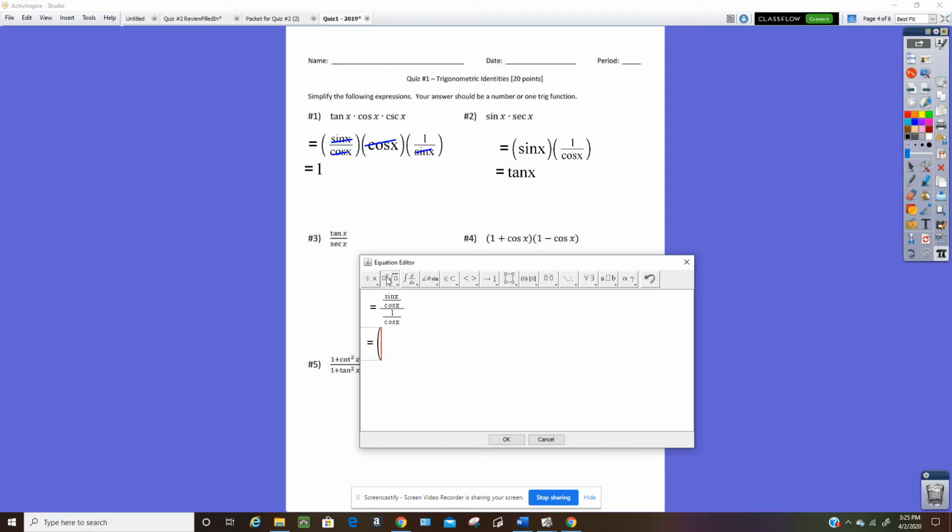So the numerator, leave alone: sine x over cosine x. And then the denominator is 1 over, or cosine x over 1 when you multiply by the reciprocal. Multiply those two together, the cosines are going to cancel, left with sine x.